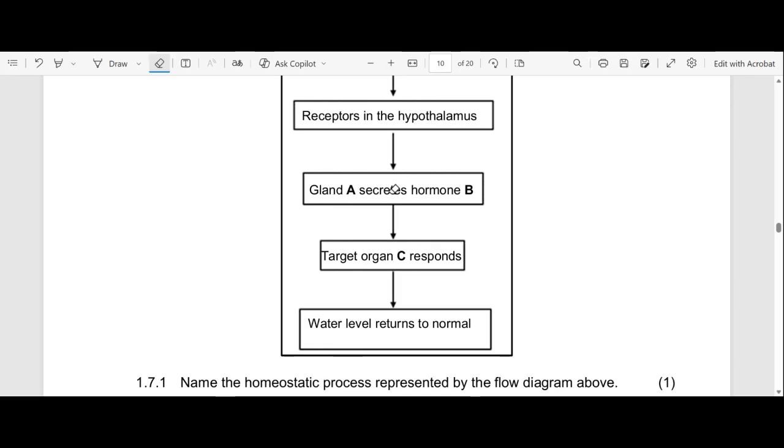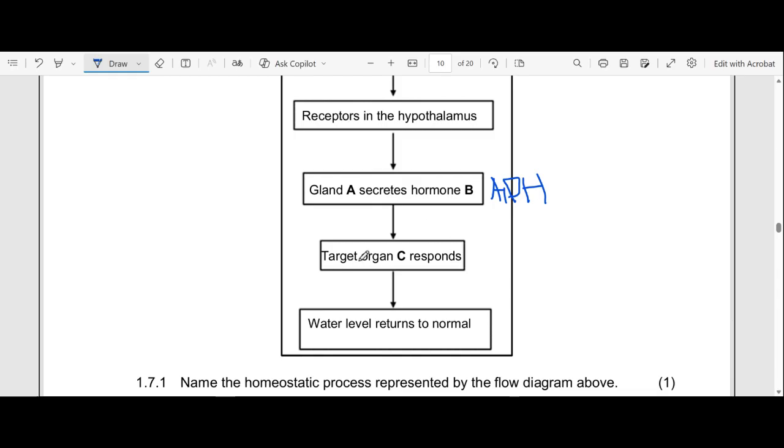So gland A will secrete hormone B. Hormone B becomes our antidiuretic hormone, or ADH, right? So gland A is the pituitary gland, and hormone B is ADH.